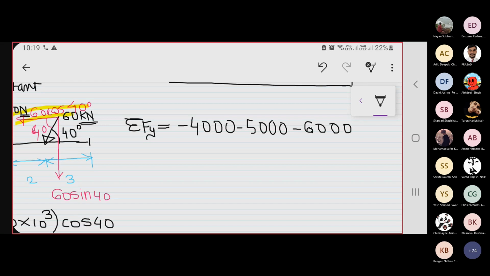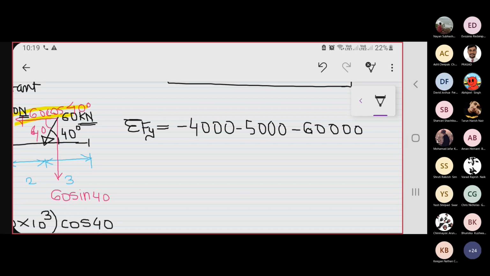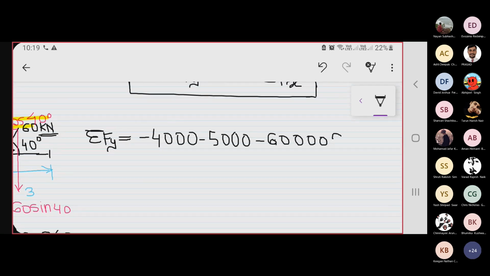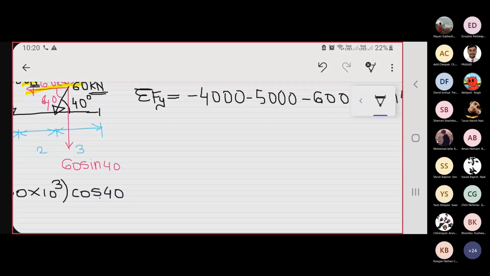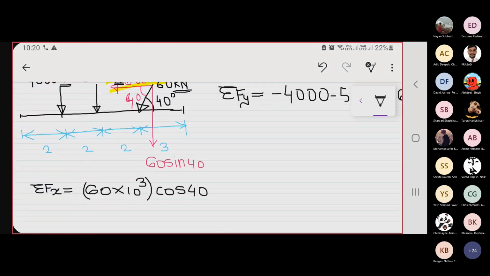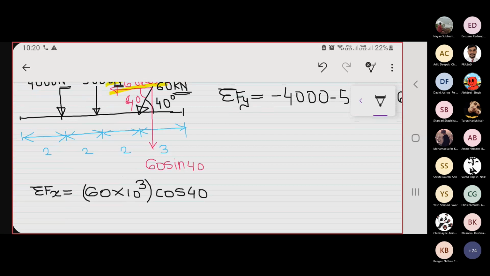Okay, what we can do? Kilonewton, let's keep it as it is. 60 into 10 raised to 3 sine 40. So from here we will get summation fx and summation fy.